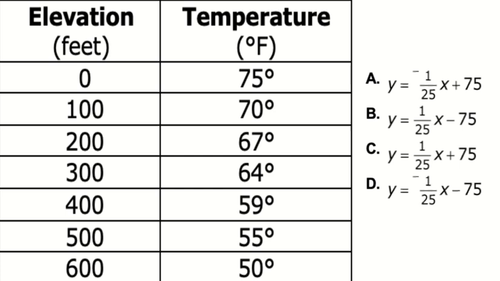If we look at the left column there, the elevation, that's our x values. What's happening to those numbers? They're going up, all right? Our temperatures, what's happening to our temperatures? They're going down. So if one's going up and one's going down, who remembers what type of association that is? Negative.